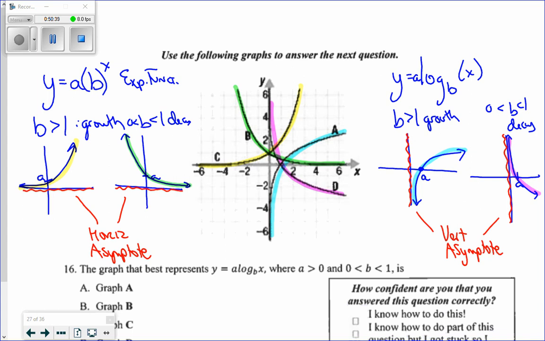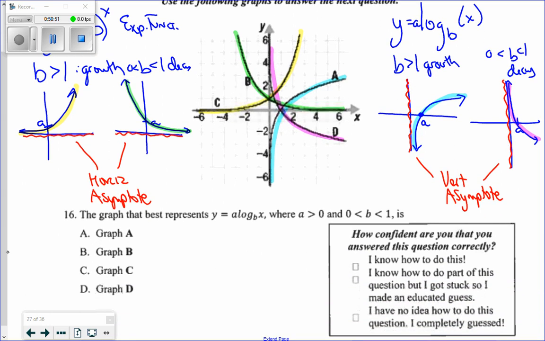So if you had to guess, the question says the graph that best represents a log bx. Which graph should not even be in contention? If you're looking for a log graph, which two should not even be in contention?